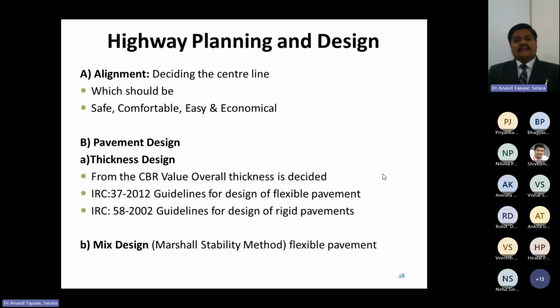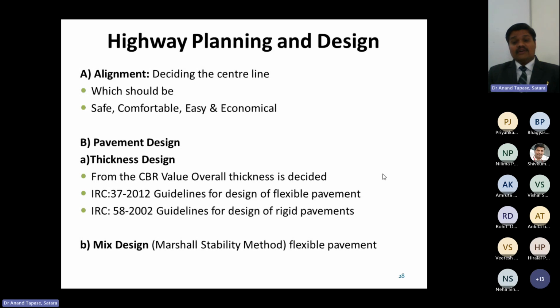What is design and planning, and what parameters and components are focused on in planning, and what components are focused on in design? We should be very clear about that. We have gone through the term alignment, which means deciding the center line of the road. Now, what is a road? What is the road structure?